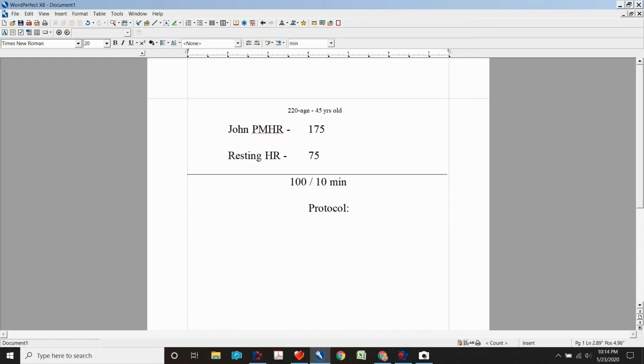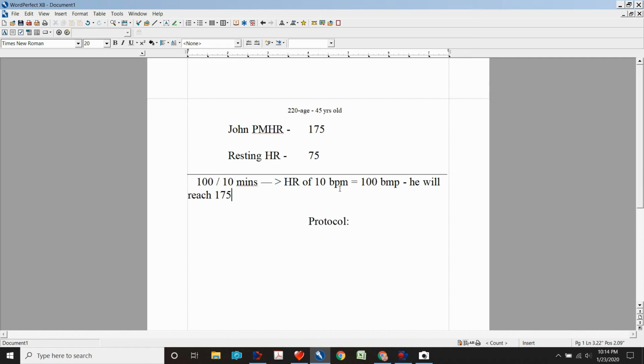And then we would find out that we would like to have an increase in heart rate of 10 beats per minute, which in 10 minutes will equal 100 beats per minute, and he will reach his predicted max heart rate of 175.